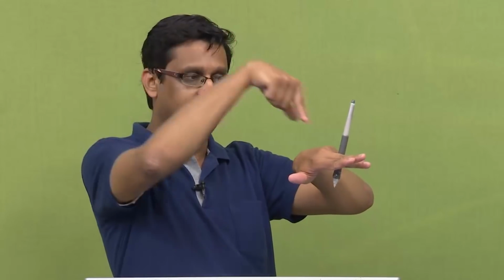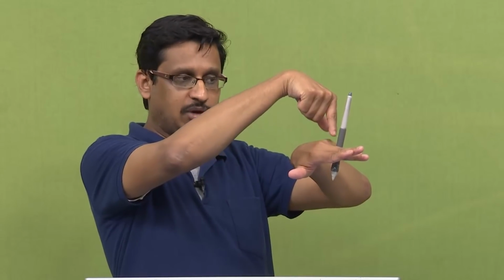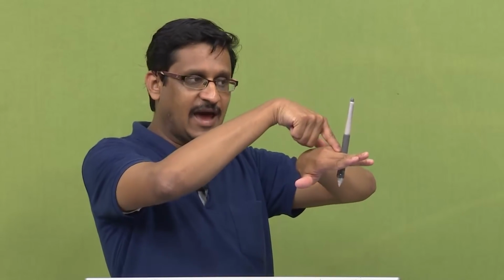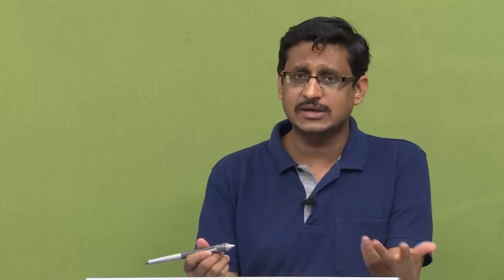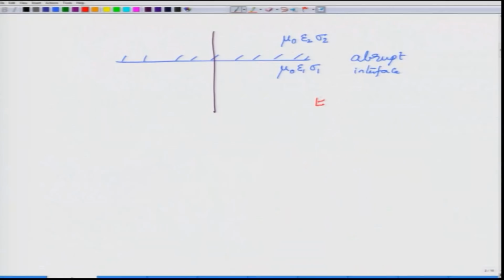So, this finger is the one that is depicting a uniform plane wave coming in at an angle theta 1 as measured with respect to this pen. This pen is the normal direction. Okay. So, this is the setup that we have considered, and when I consider such a setup, I am actually interested in knowing how the following fields would change as we go from one medium to another medium.